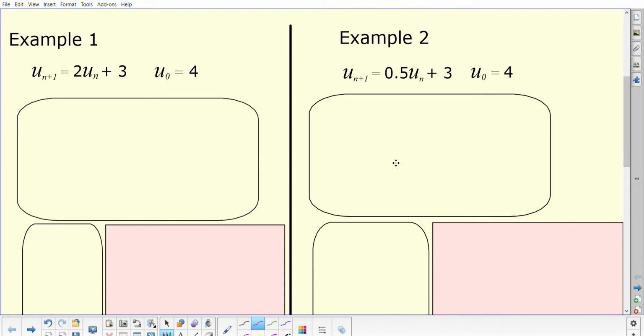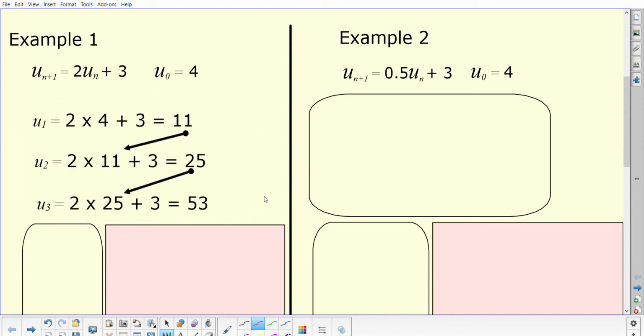So if we look at this first example, we've got u(n+1) = 2u(n) + 3, and u0 is the initial value equal to 4. That would produce a sequence of values that look like this. u1 would be 11, u2 25, u3 would be 53. Remember that to generate this sequence on the calculator, all you need to do is put in that initial value of 4.